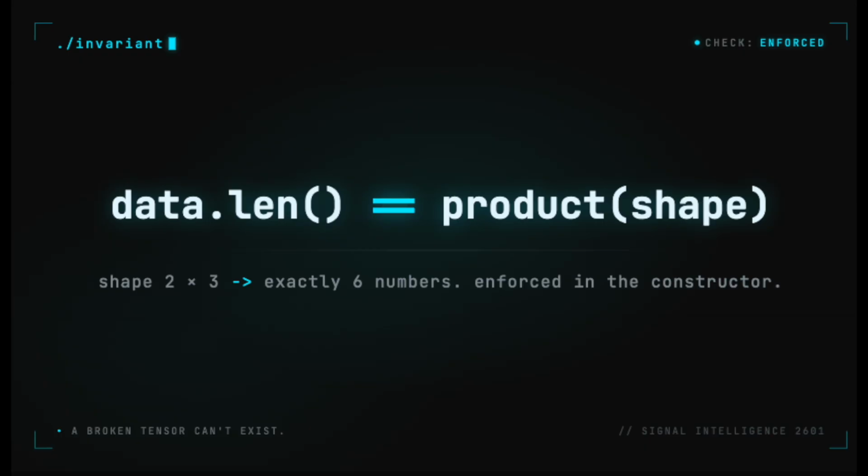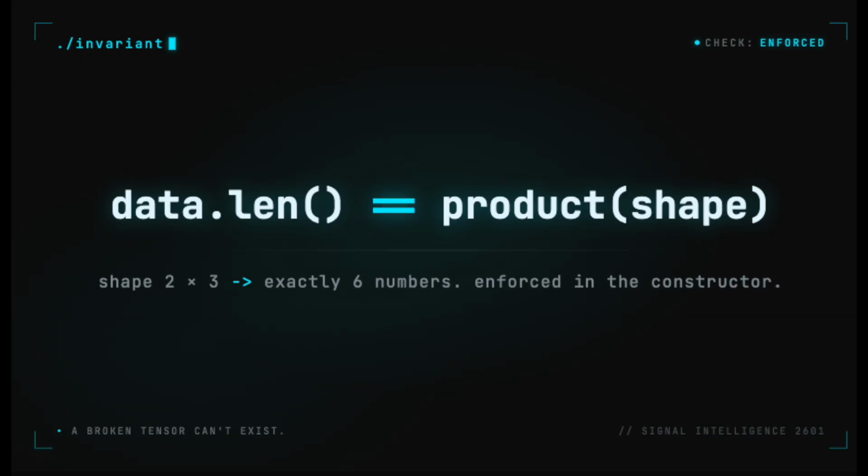So the rule is called the size invariant, and all it says is the length of the data has to equal the product of the shape. You multiply the dimensions together, and that's how many numbers you need. And I enforce this right in the constructor.